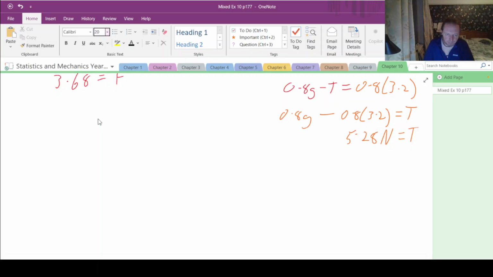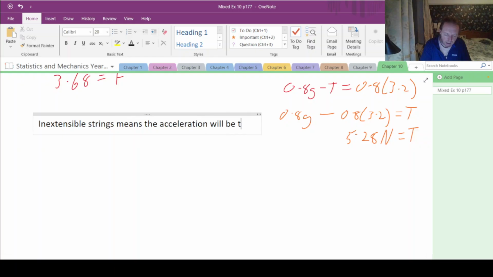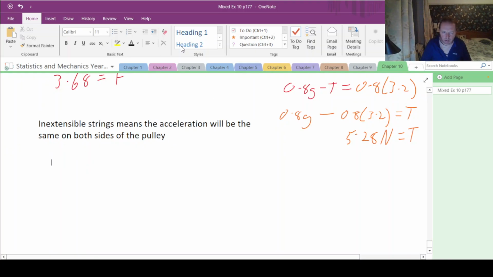The inextensible string means the acceleration will be the same on both sides of the pulley. There we go. Hope that's all right.